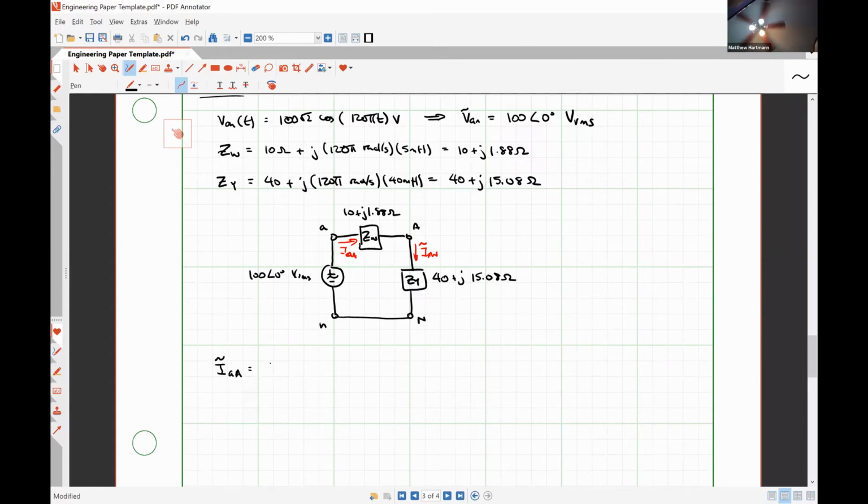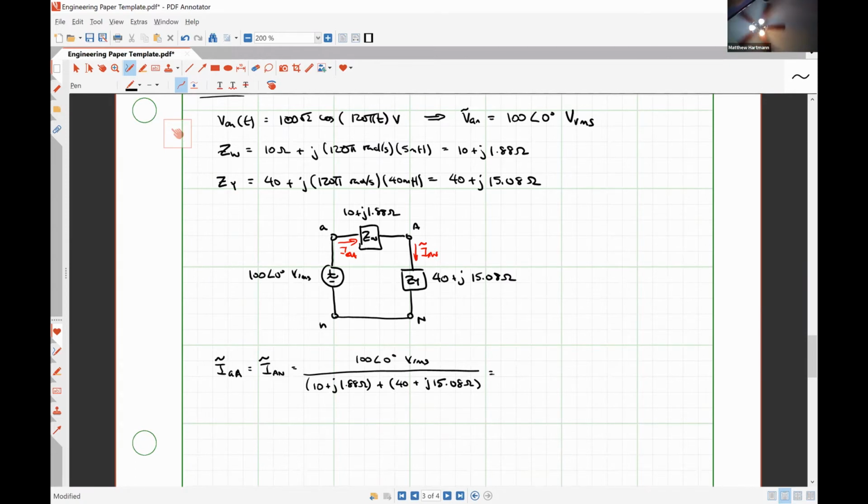So let's call it I_aA, which is equal to I_AN, and is going to be the voltage divided by the total series impedance. So that's 10 plus j1.88 ohms plus 40 plus j15.08 ohms. And up here we have 100 angle 0 degrees volts RMS.